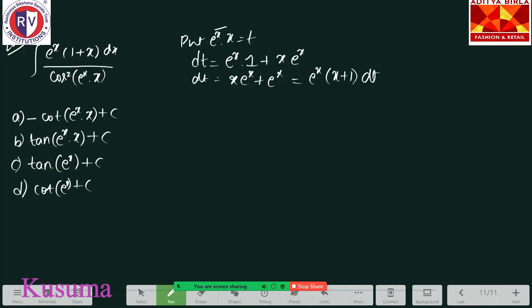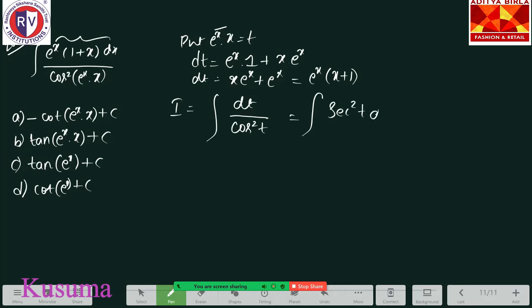So this is in our numerator, right? So the entire numerator becomes dt. Okay. So we get integration of dt by cos square t, or this is secant square t into dt.